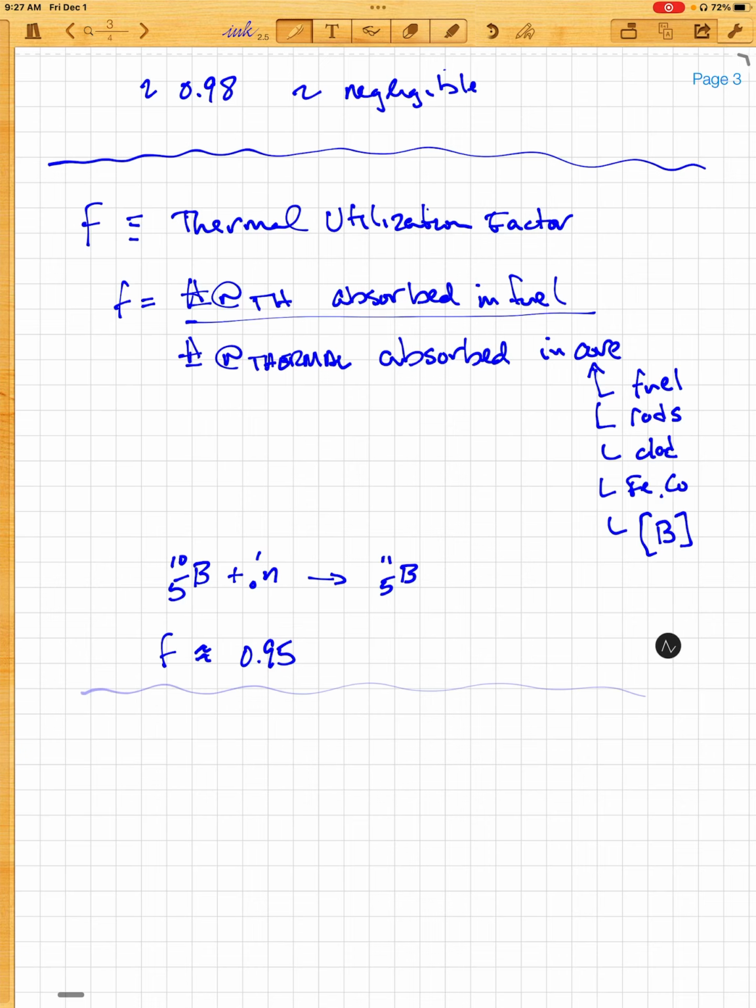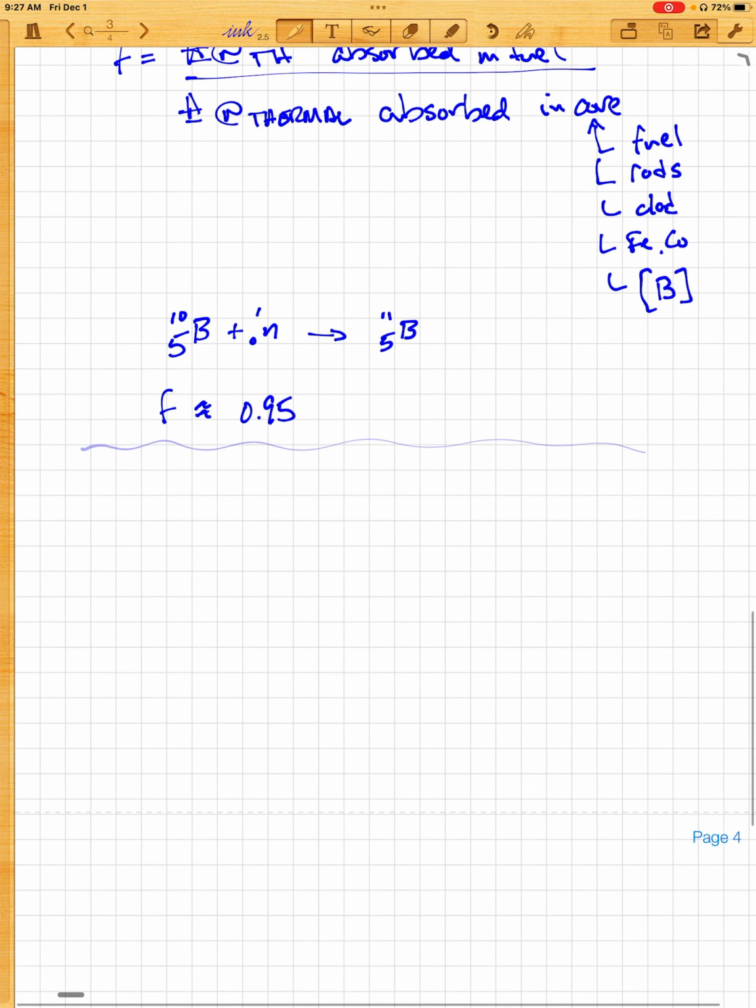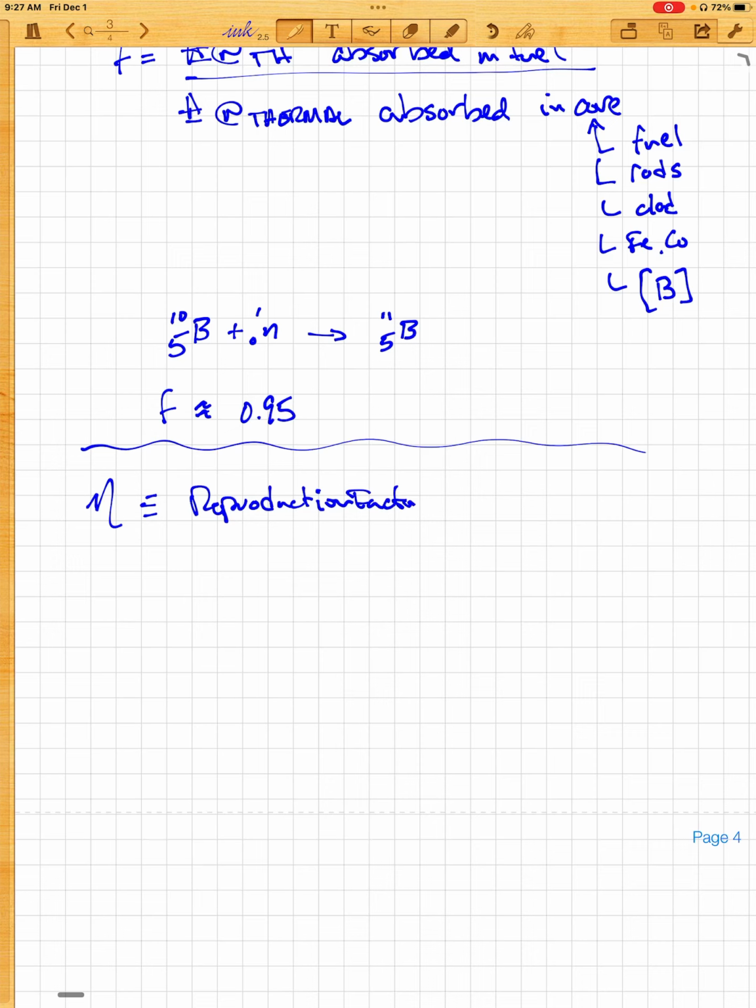All right, so there's one more. It loves the French Navy. Fancy N. That is the reproduction factor. And that's going to be the fast neutrons from thermal fissions.